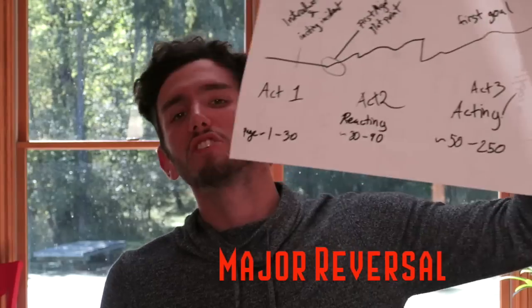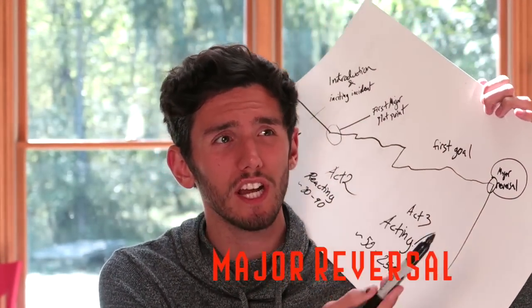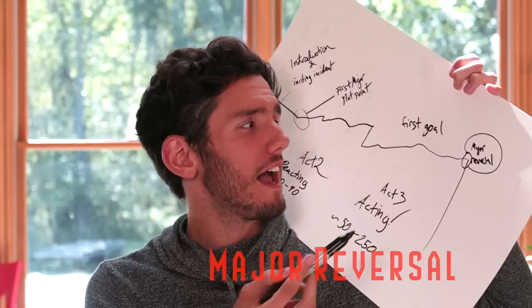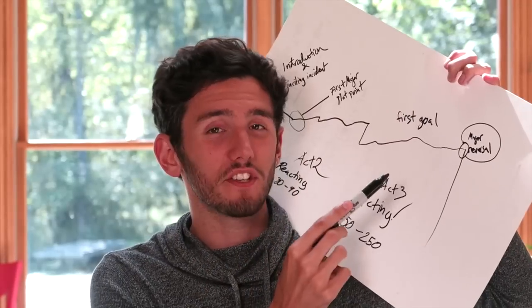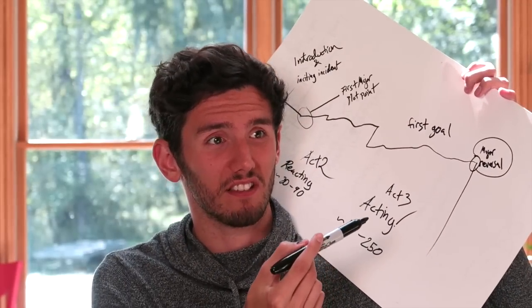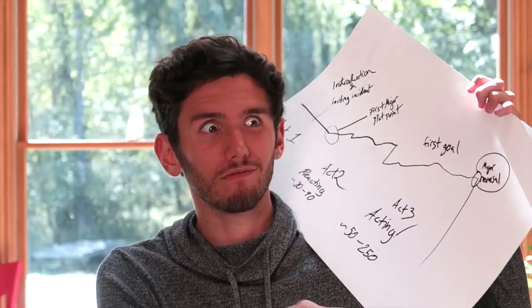Major reversal. This is when they realize that the goal they've been trying to achieve is wrong, and a bunch of bad stuff happens. In the Hunger Games, this is where Rue gets killed, and where Katniss kills that boy because he killed Rue.